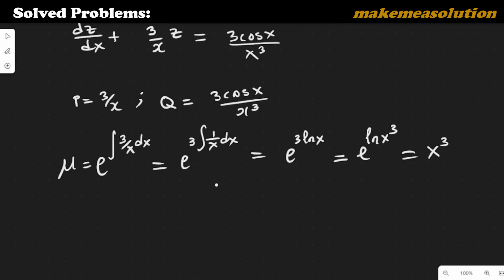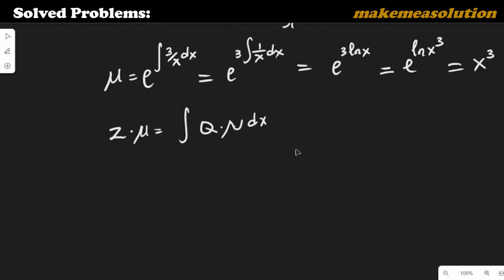So you now use the formula: z times the integration factor is equal to the integral of q times the integration factor dx.